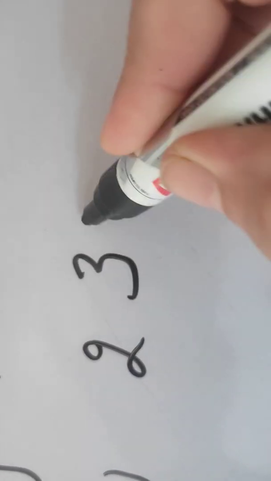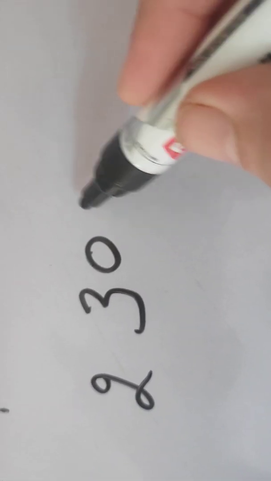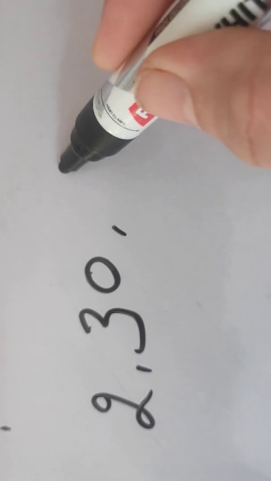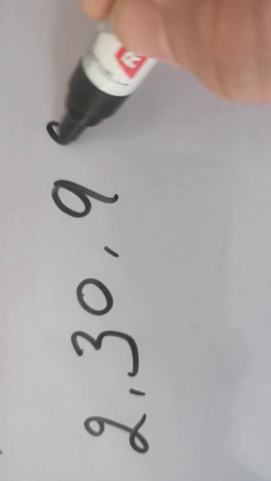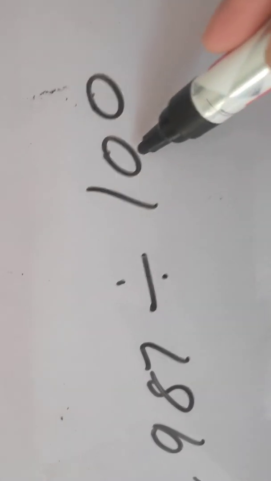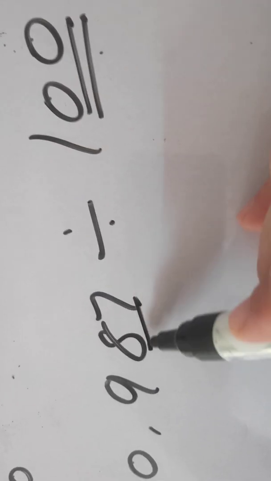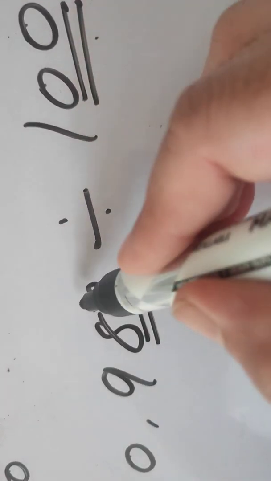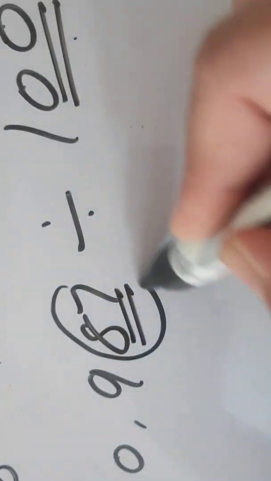Next example, suppose the number is 2,30,987. We are going to divide it by 100. In 100 there are 2 zeros. So it means the dividend's 2 digits will become our remainder. So what is the remainder here? 87.